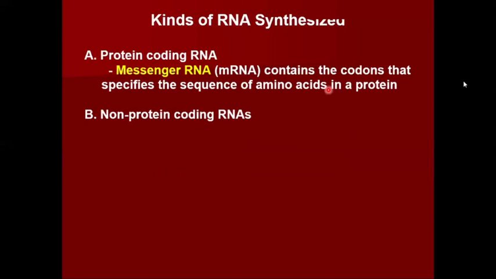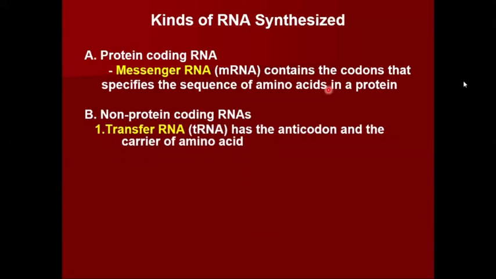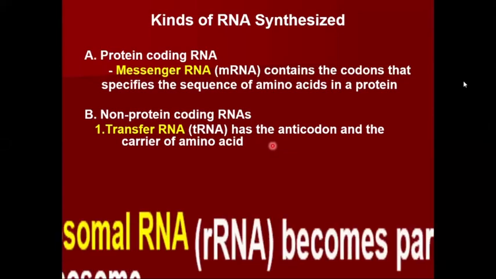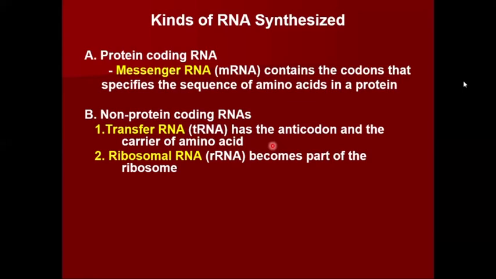The non-protein coding RNAs are transfer RNA. It contains the anticodon that matches the codons present in the messenger RNA. It also serves as the carrier of the amino acid at the site of protein synthesis, which is the ribosome.